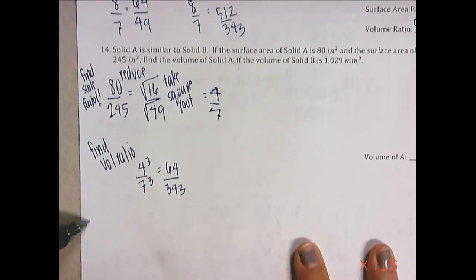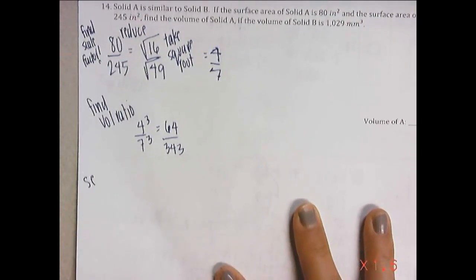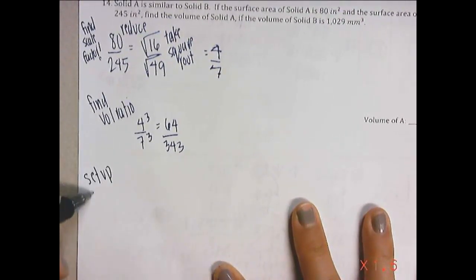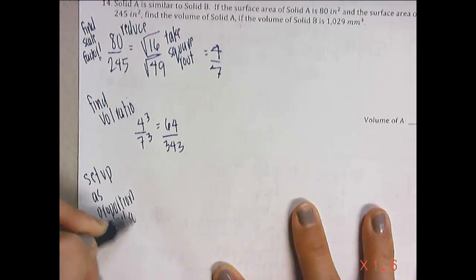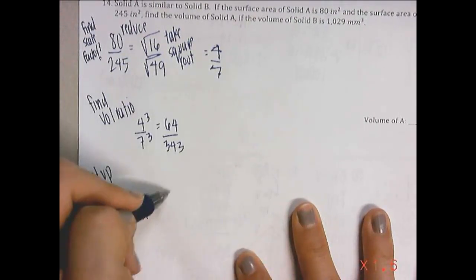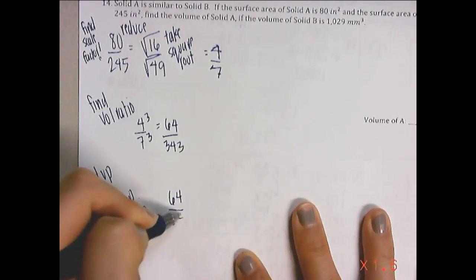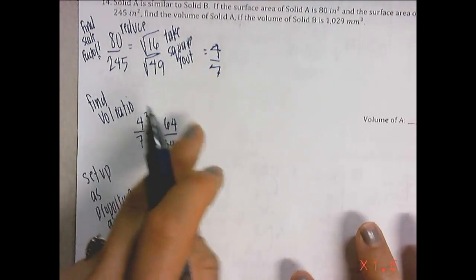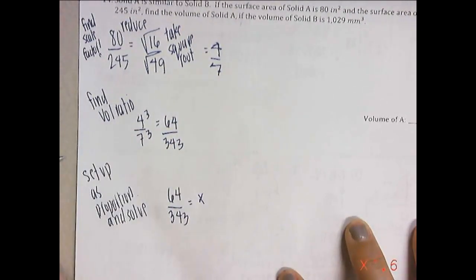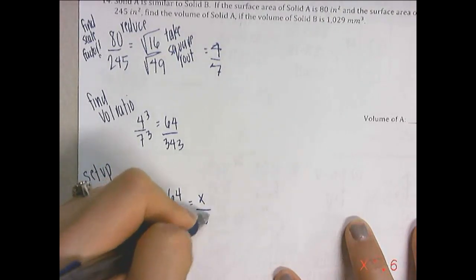And then I'm going to set it up as a proportion and solve. All right, so 64 over 343 equals x, remember I'm trying to find the volume of solid A, which we had on top, over 1029.